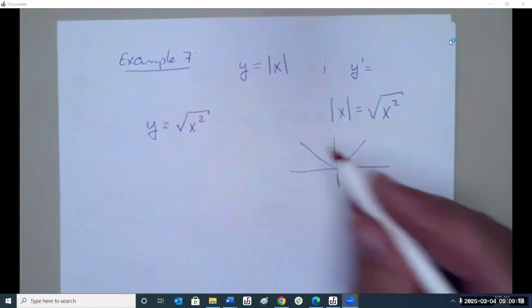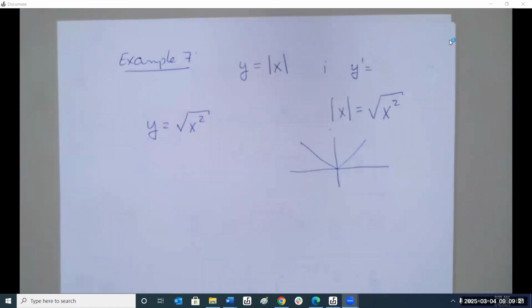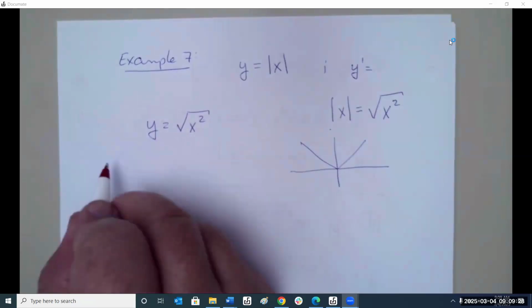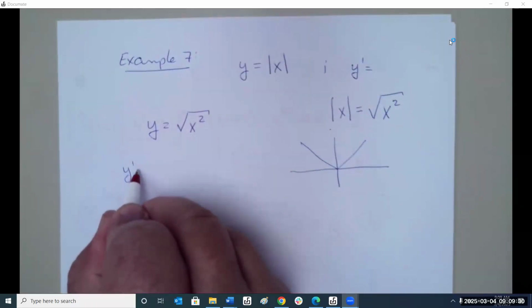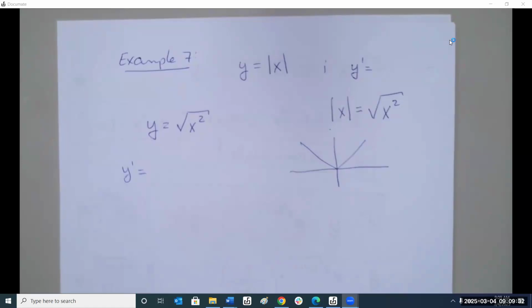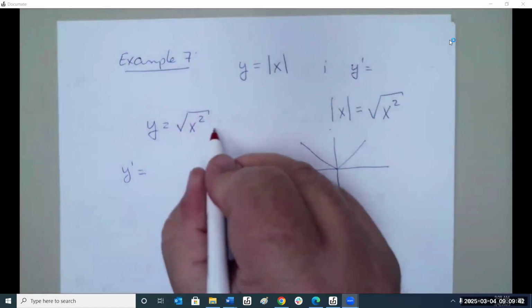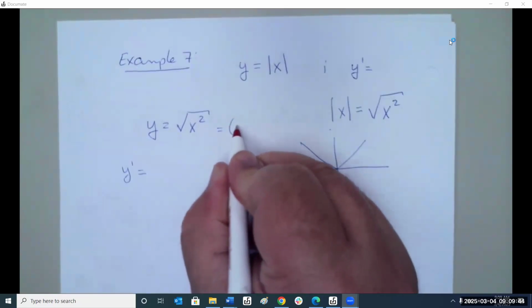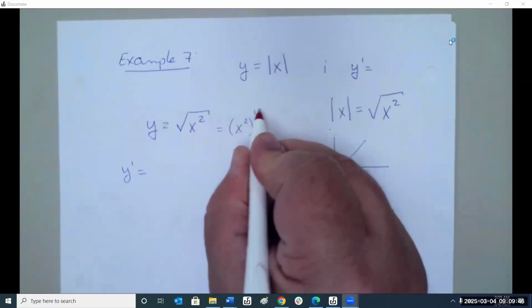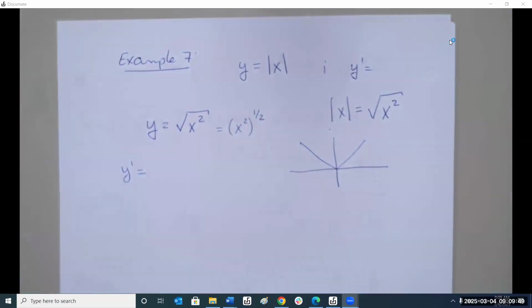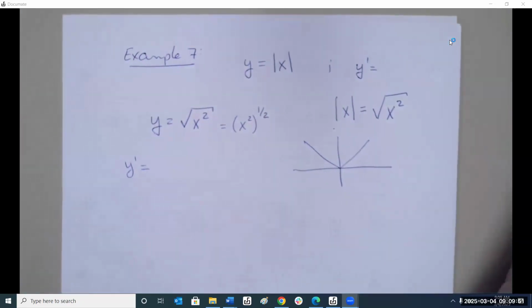It's a V. So for us to find the derivative, what do we got to do? We have to rewrite that equation this way.